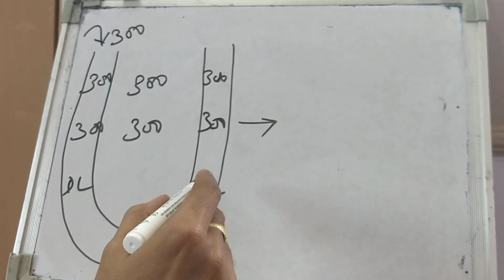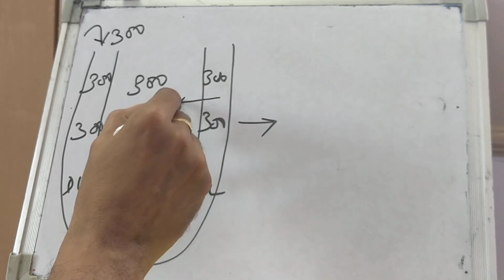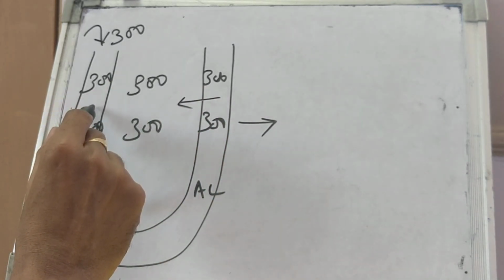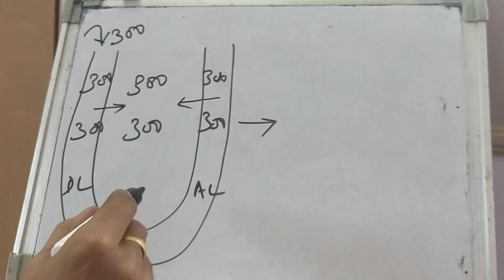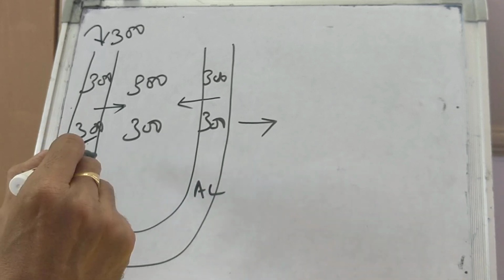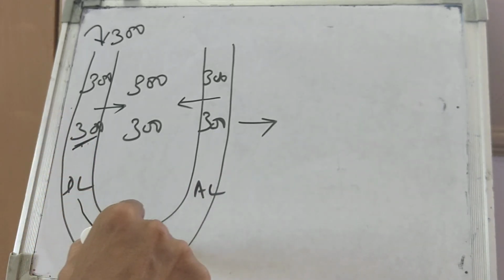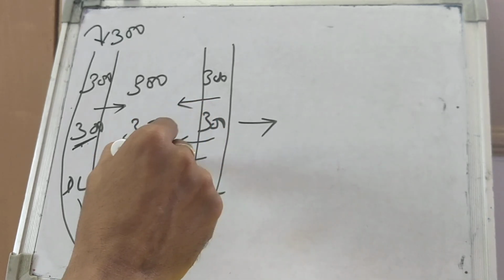As I already told you, first there will be movement of solutes from the ascending limb into the medullary interstitium, and then there is a movement of water from the descending limb into the interstitium. So because of this movement, the solute concentration will be increasing in the descending limb, and this increased solute concentration will move, and again the solute will be reabsorbed into the interstitium.